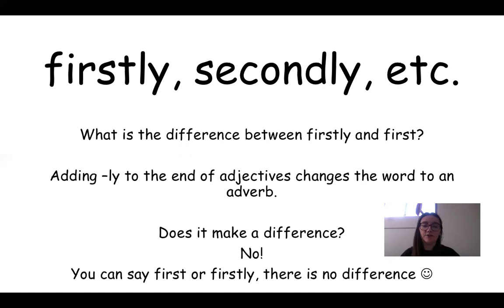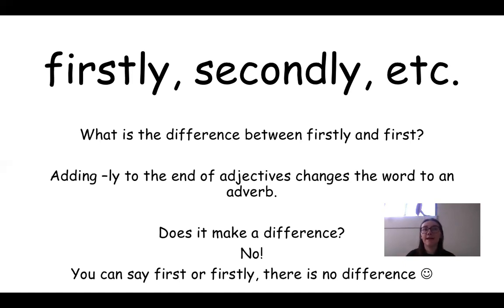I'll give you an example. So the word calm, right? It means to be peaceful, relaxed. So if somebody was talking about a friend and they said, oh, she is calm, calm is describing the person, she.